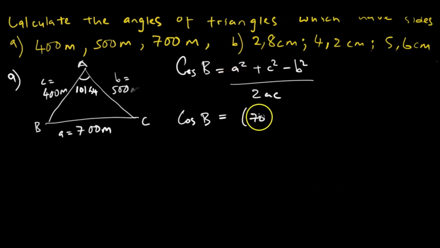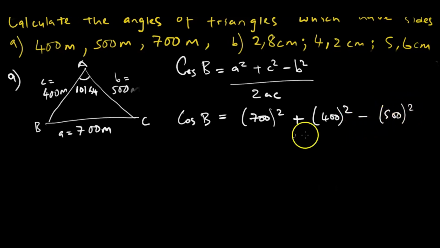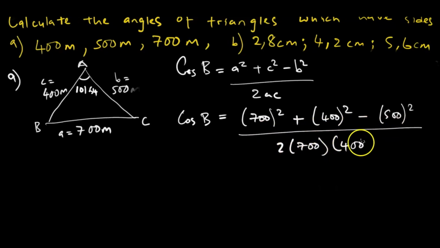It's 700 squared plus 400 squared minus 500 squared over 2 multiplying 700 times 400. So the cos of B will be equal to what?